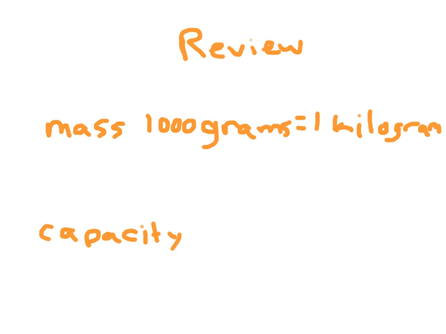For capacity, we were talking about what and what? Milliliters and liters. How many milliliters equaled 1 liter? 1,000. Remembering these relationships, both for mass and for capacity, will help you with conversions as well.